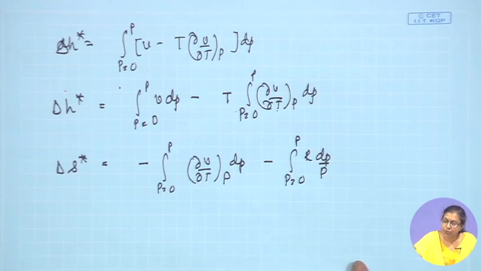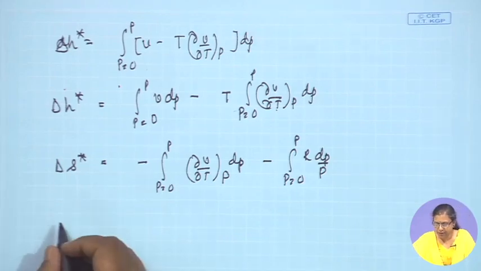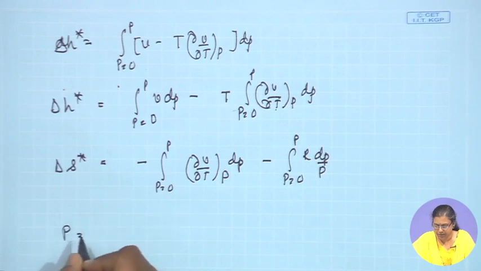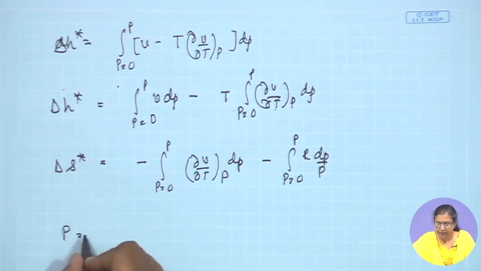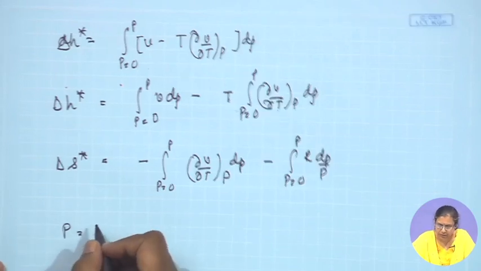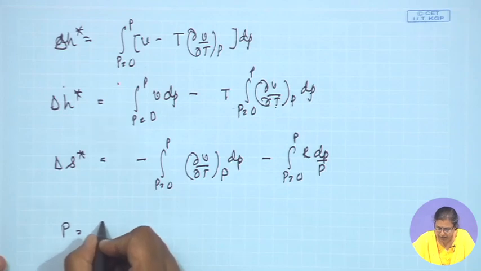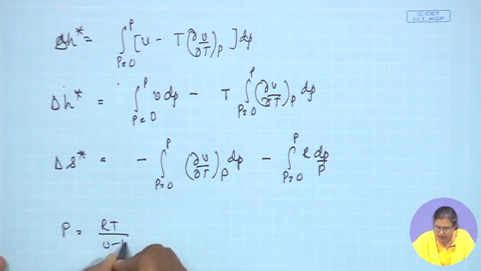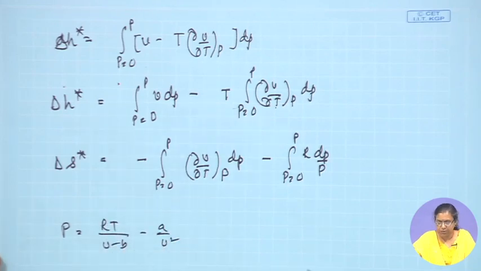But if you go back and observe the cubic equations of state that we have discussed, for example the van der Waals equation of state, in what way did we express it? We usually write it as P equals RT by V minus b minus a by V square.